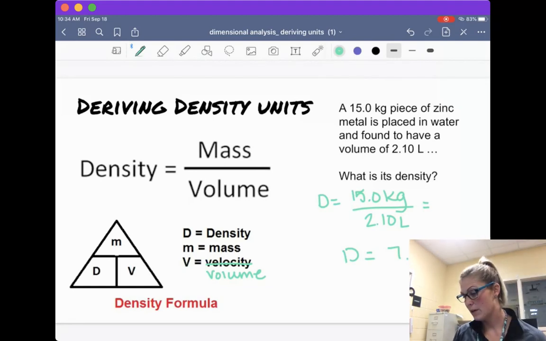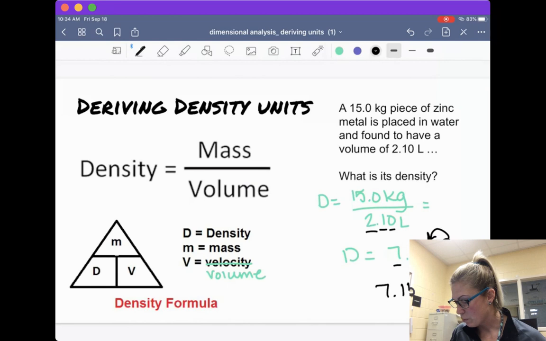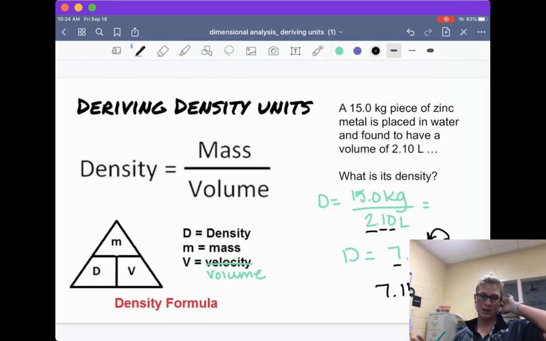And we're going to make it fit what we learned, that we have to have the right number of sig figs. So here we've got 3. So 1, 2, 3. We're going to round this up or down depending on its neighbor. So we get 7.14 kilograms per liter. All right, and we could solve some problems like that. Everything's good because that's easy. It's mass divided by volume.